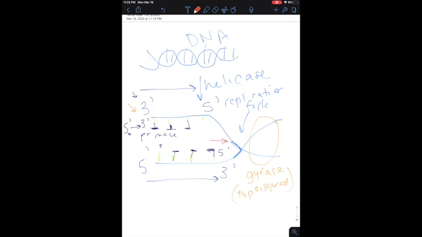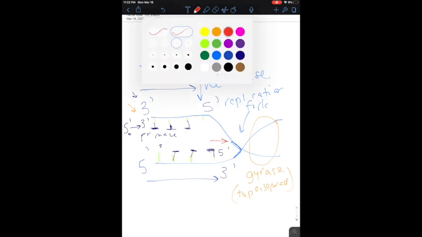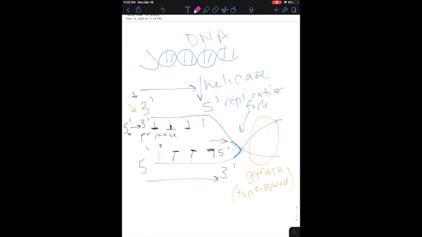As helicase is unzipping the DNA, the daughter strand that's being laid down by DNA polymerase 3 is still going in the same direction as DNA is splitting, because it's making it from the 5' to 3' direction. So this strand is the leading strand because it has no issues. It's going to be able to create that daughter strand easily all the way through. It only needed primase at the very beginning.